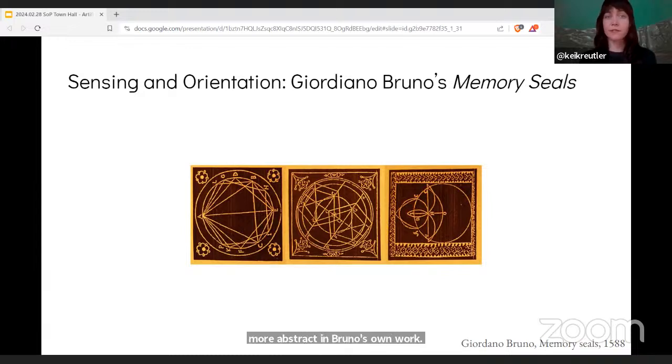In some instances, Bruno expanded upon these memory wheels, so they weren't in such a clearly segmented fashion with different explicit images paired next to each other in writing. Instead, there are these abstract diagrams for memory places and memory images shown on this slide.